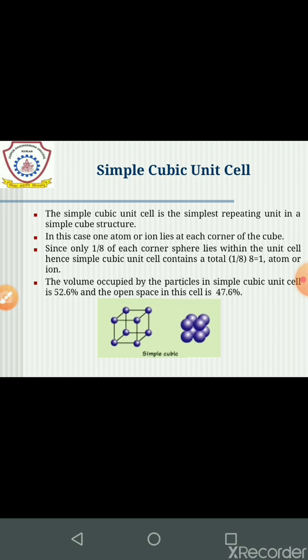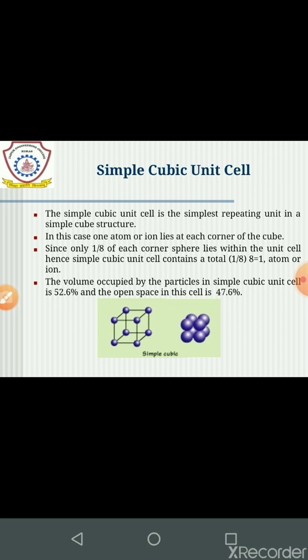In this case, one atom or ion lies at each corner of the cube, as seen in the diagram. Since only 1/8 of each corner sphere lies within the unit cell, the simple cubic unit cell contains a total of 1/8 multiplied by 8 equal to 1 atom or ion.